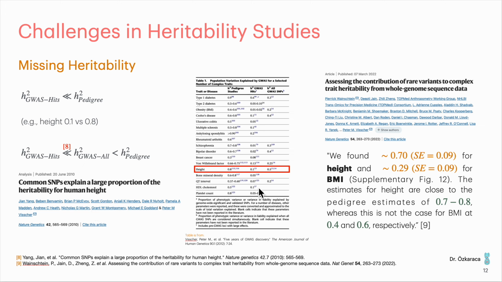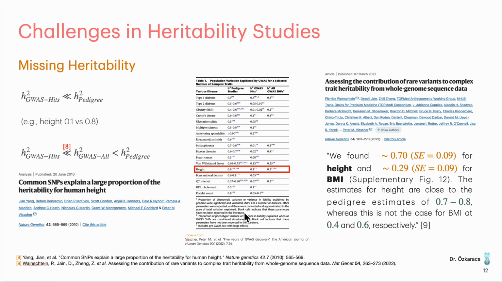In the middle of the slide, I present a table taken from Visscher et al. in 2012, which compares heritability estimates from pedigree studies, GWAS studies that include only top SNPs, top hits, and GWAS studies considering all SNPs. The table highlights the discrepancy between pedigree-based estimates and GWAS estimates.